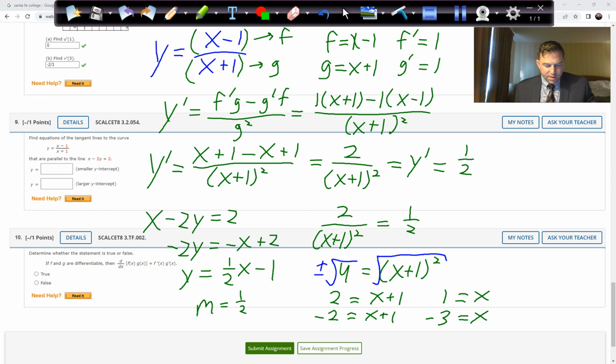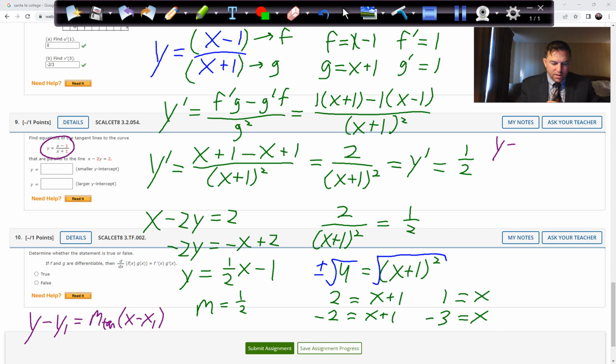So now we have to come up with the actual equations. This is a lot of work actually. We have to use the formula y minus y1 equals slope of the tangent line times x minus x1. And y1 is going to be the original equation evaluated at these two x values we just found.